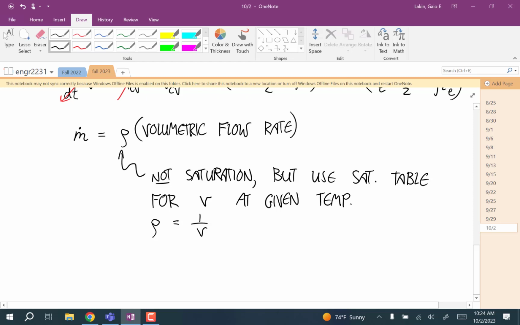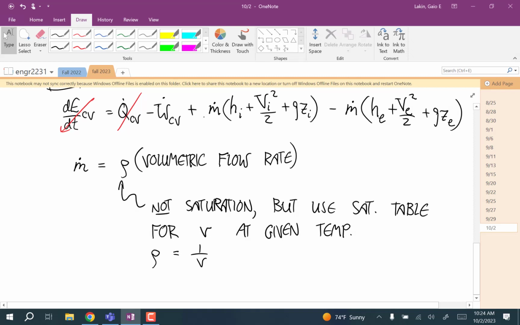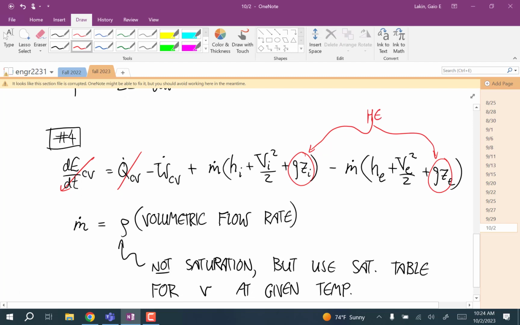It's going to be right around 1,000 though. Then that gives you your volumetric flow rate. You have the speeds, so you can enter those in there. This is where that height change is going to come into it.